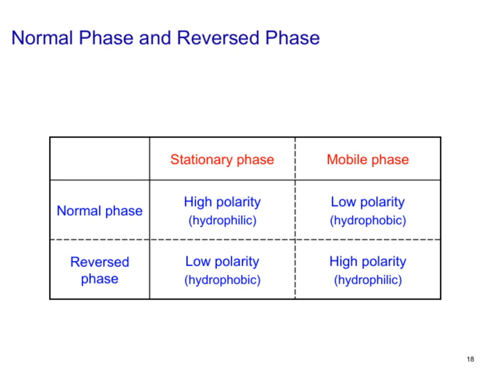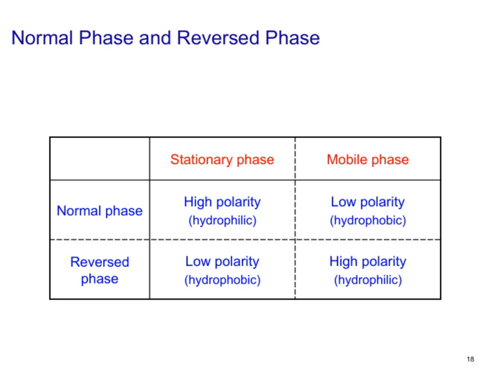Now, looking at the mobile phase, the roles are reversed. In normal phase, the mobile phase has low polarity, so it's less attracted to polar substances, allowing polar analytes to interact more with the stationary phase. In reversed phase, the mobile phase is high in polarity, which helps elute nonpolar compounds from the hydrophobic stationary phase.